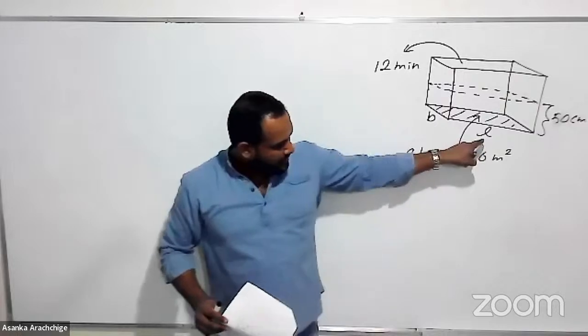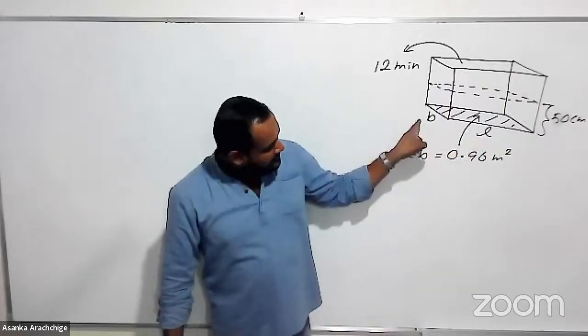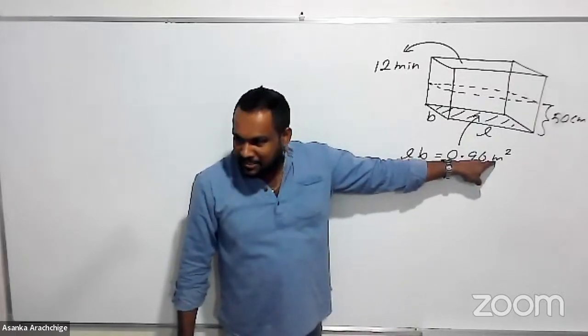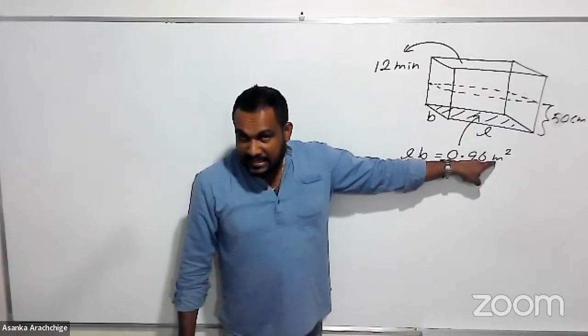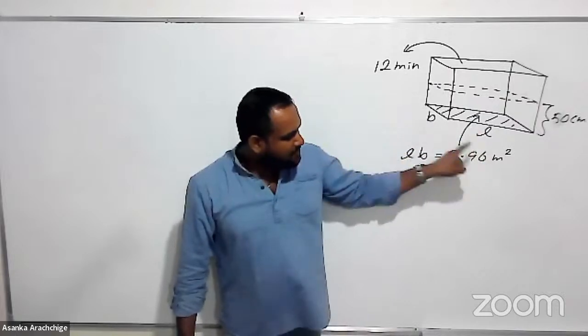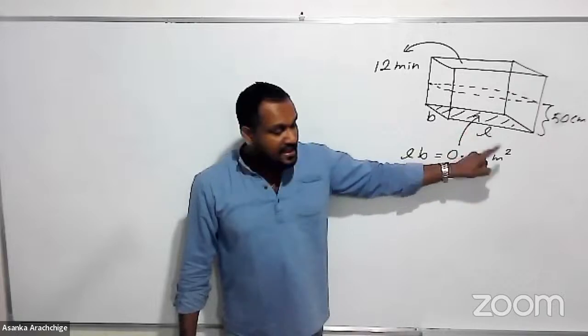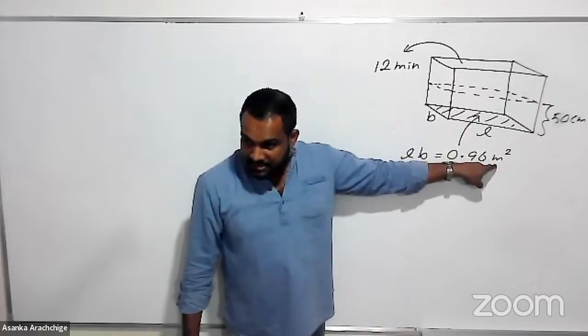Right. Look. The product of the length and breadth is given in square meters. Here, the length and breadth have been measured in meters. That's why the area comes in square meters.